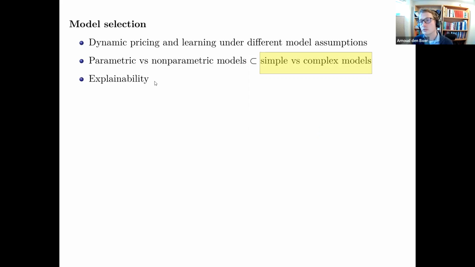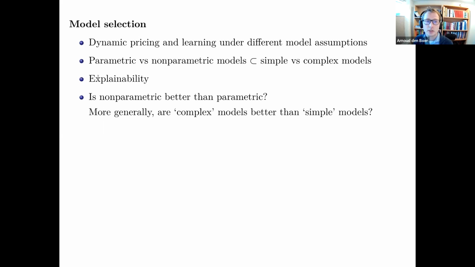All kinds of factors are not incorporated. Now, there are good reasons for that. One of the reasons is explainability. If you have a price manager in practice who understands that you fit a line to get a demand curve, but maybe he or she doesn't understand kernel density estimation, then maybe it is helpful as a first step to use a parametric model.